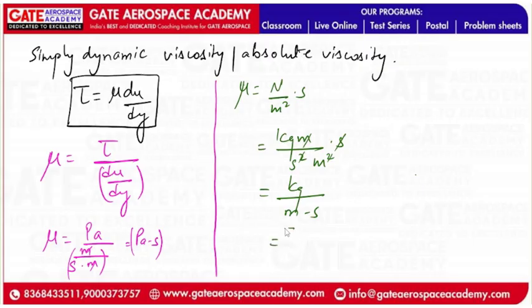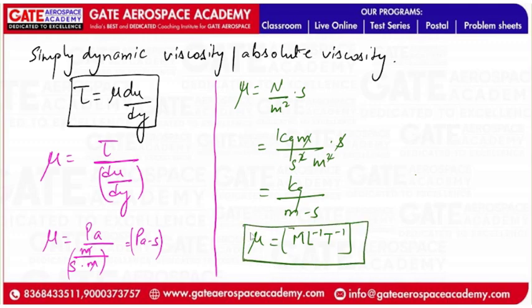So, in dimensions, it is M^1 L^-1 T^-1. Fantastic. So, this is dynamic viscosity or absolute viscosity. This is how we define it.